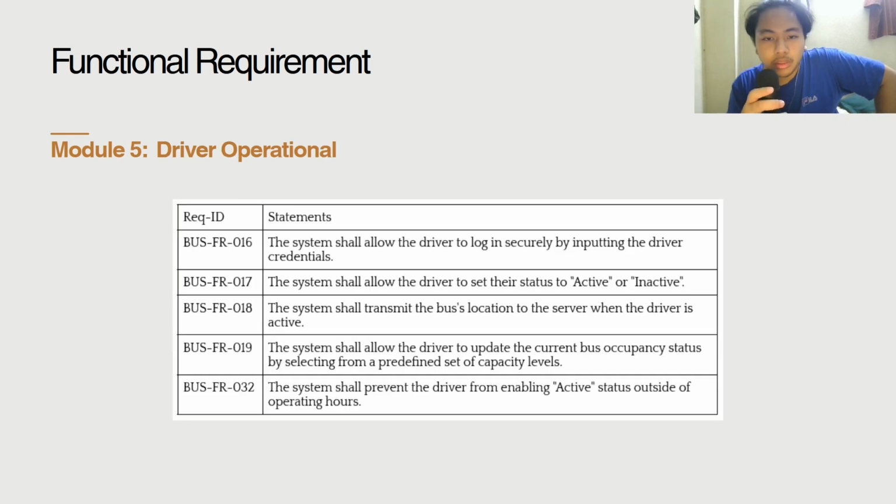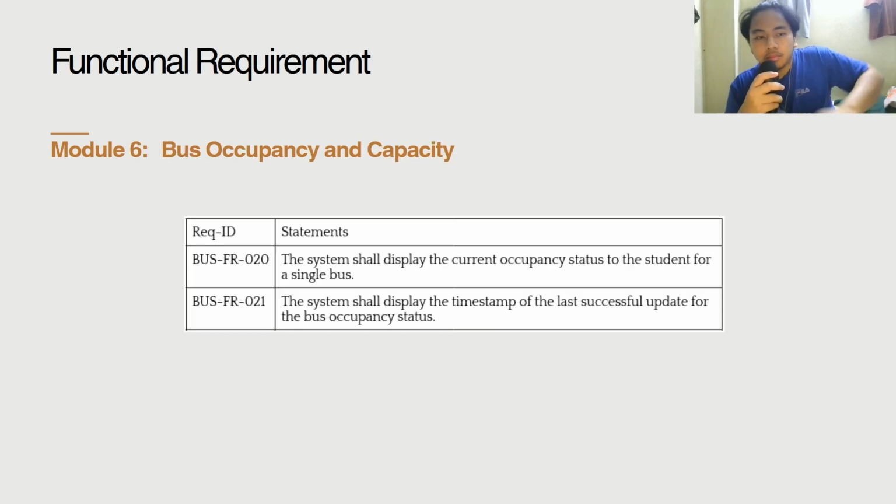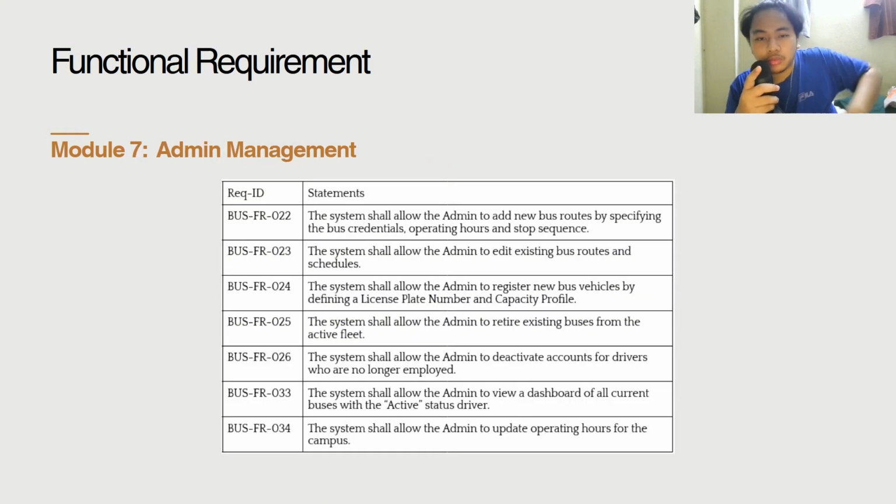So for driver operational, this is about the driver, and the main feature is the driver can toggle their status to active or inactive. For bus occupancy and capacity, this shows the user the bus occupancy, and they also need to know the timestamp of the last updated bus occupancy.